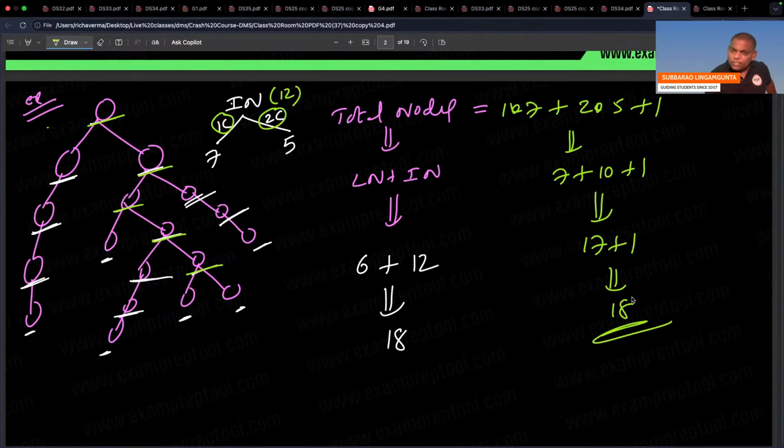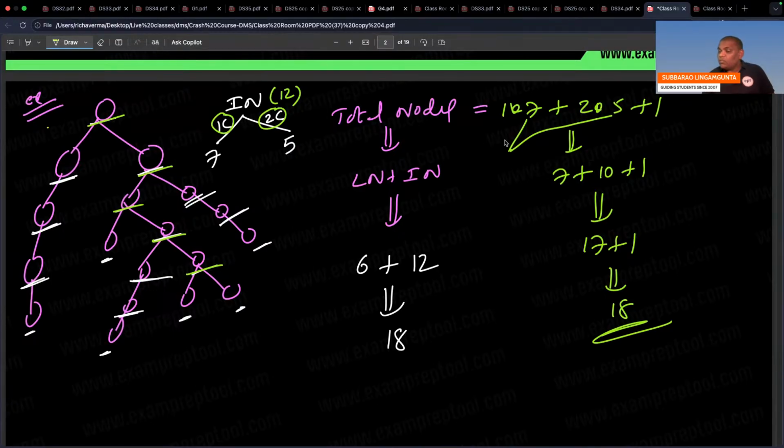So please understand this. I want to say, indirectly, directly, this formula. This one and this one. Careful. 1 into 7, 2 into 5. If you count it, you will get the total internal nodes. What are those? These two things count: 7 with 1 child, 5 with 2 child.